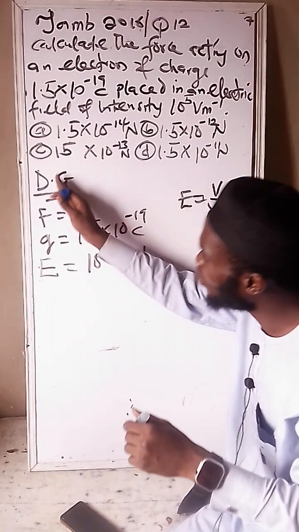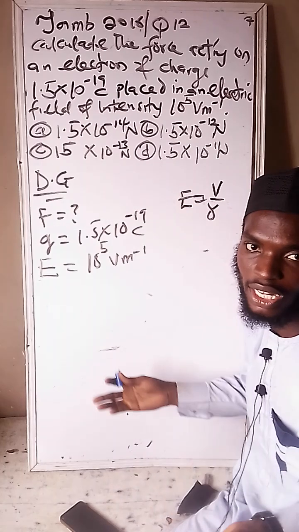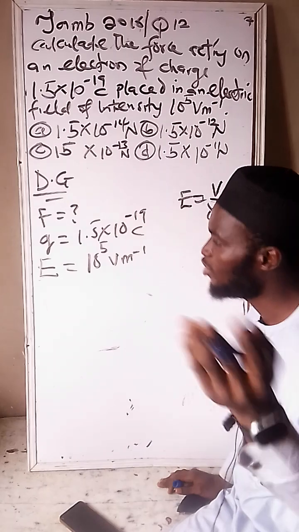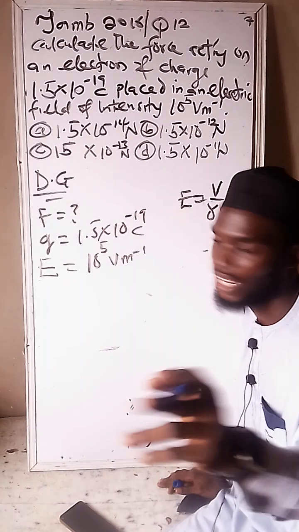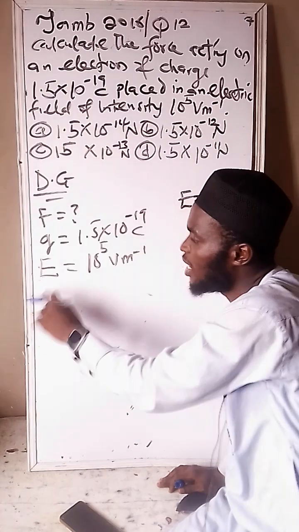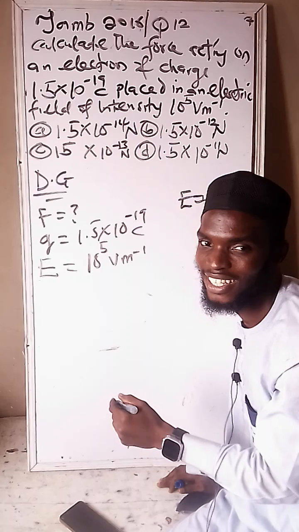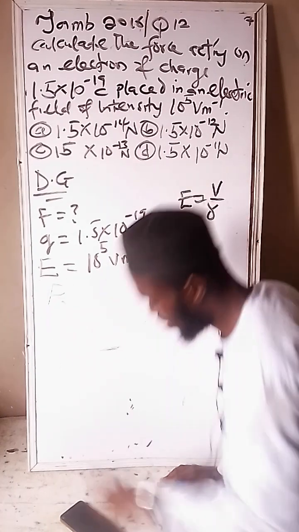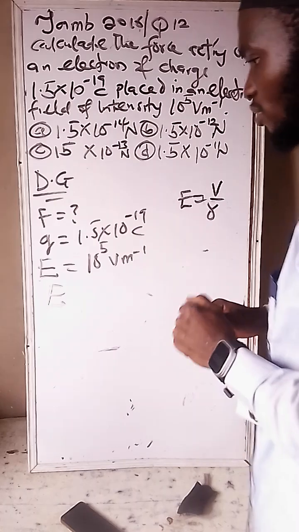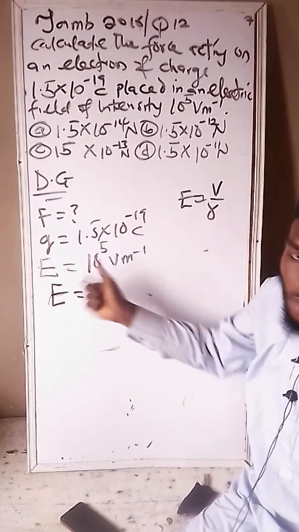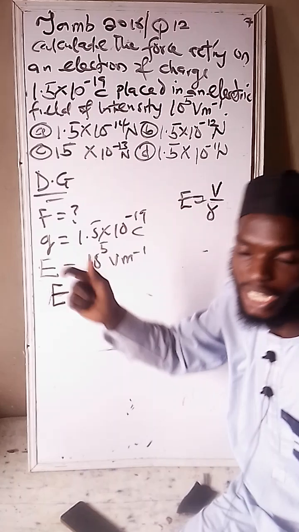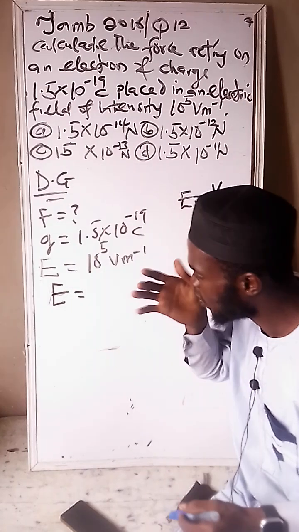Now, what relates all these three parameters together? What relates them together? F, Q, and E. And please, I know you have got what relates them together. Electric field intensity. What is electric field intensity? E. The first formula for calculating electric field intensity, what is that?